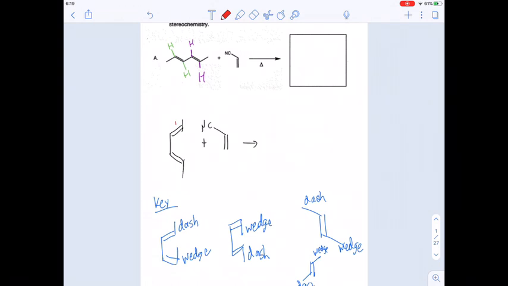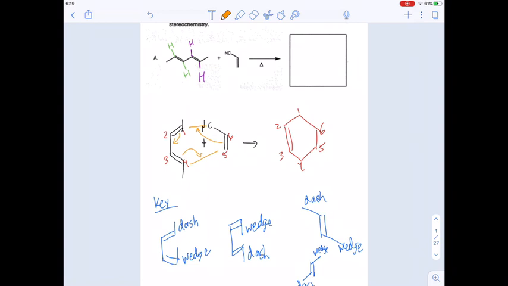Okay, so now we can get started. I like to draw in the template of the product first, so numbering my carbons, this is 1, 2, 3, 4, 5, 6, and then you know you're gonna have a cyclohexane with a double bond between 2 and 3. So 1, 2, 3, 4, 5, 6, and this is how it's always going to be.